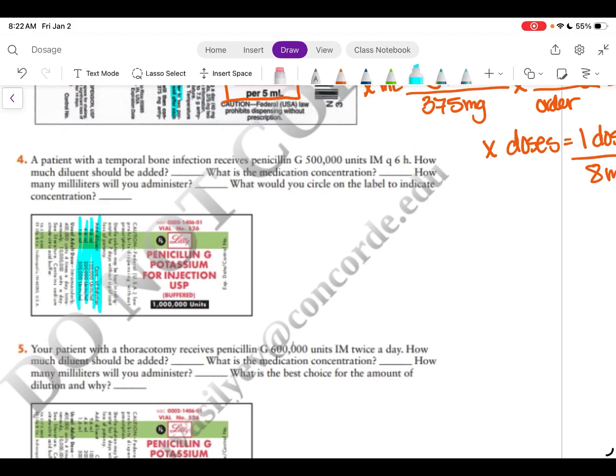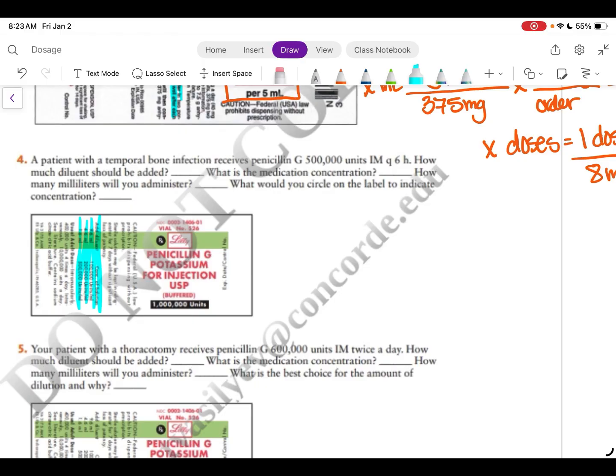Because if you add 9.6 milliliters of diluent, your concentration will be equal to 100,000 units per milliliter. If you choose to add 4.6 milliliters of diluent, your concentration will be 200,000 units per milliliter. And if you add 1.6 milliliters, your concentration will be equal to, what is that? It either says 300 or 500,000 units per milliliter, but again, I can't really tell because it's blurry.